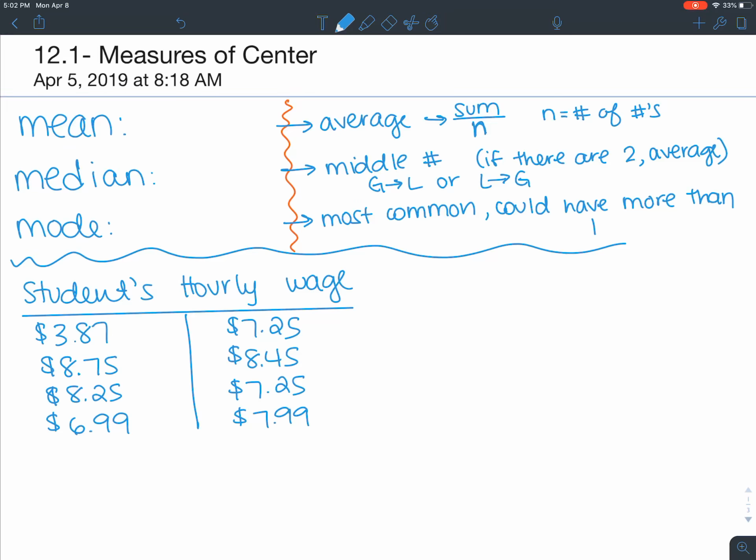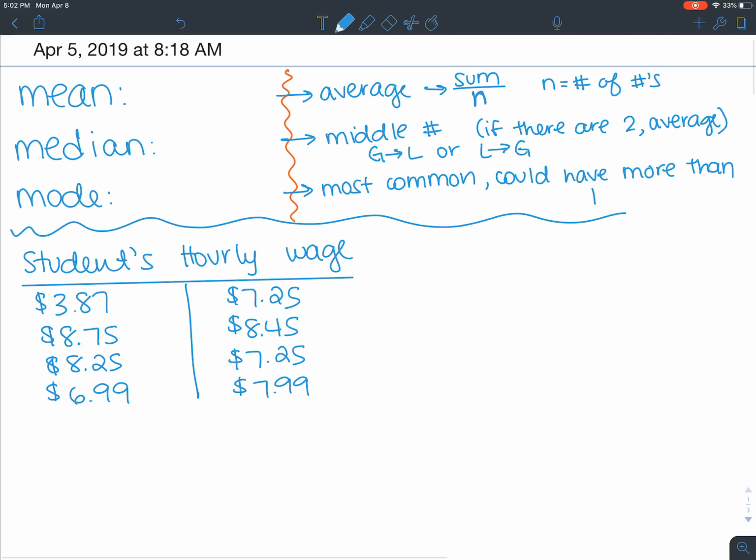Okay, so look at this table down below. We have students' hourly wage, and we want to find the mean, the median, and the mode. Let's go ahead and say we've got 1, 2, 3, 4, 5, 6, 7, 8 numbers. And then we can list them out in order, or we don't have to. We can just go through and say that $3.87 is the smallest number.